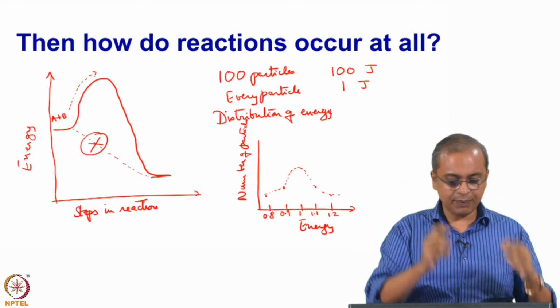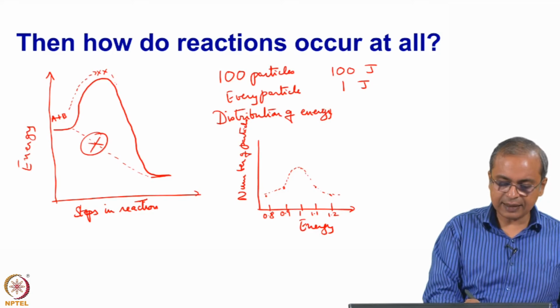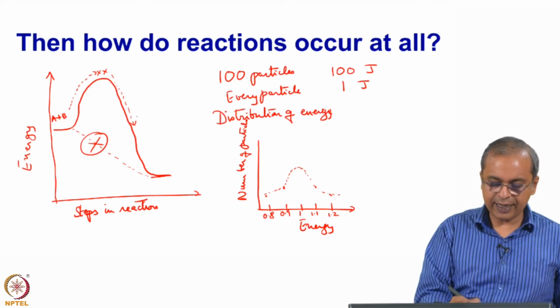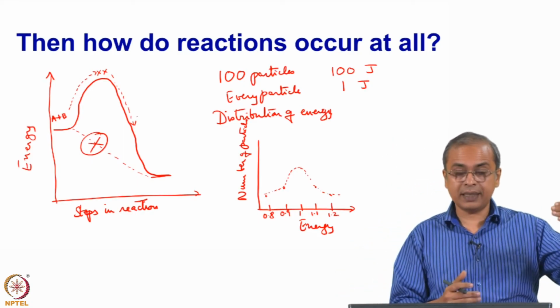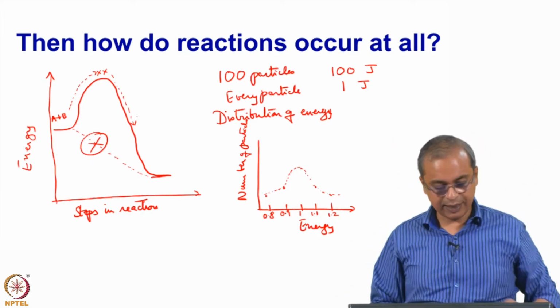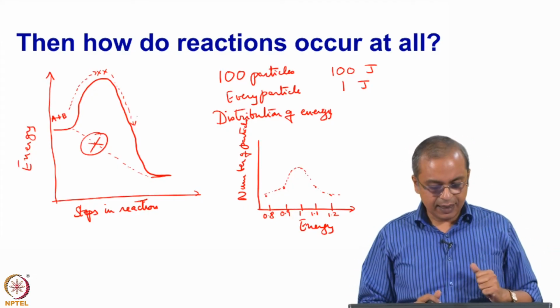Some number of particles are sitting at this level of energy and they start sliding down. They react and slide down, and as they react they release some energy, they push more particles up the hill and they all start sliding down. So this is how the process happens.